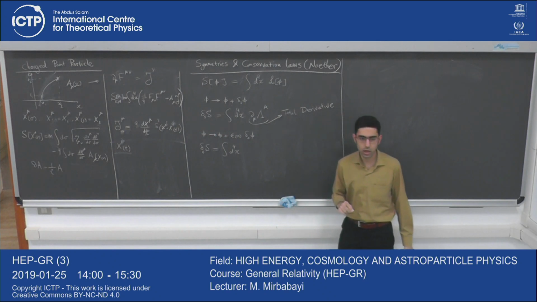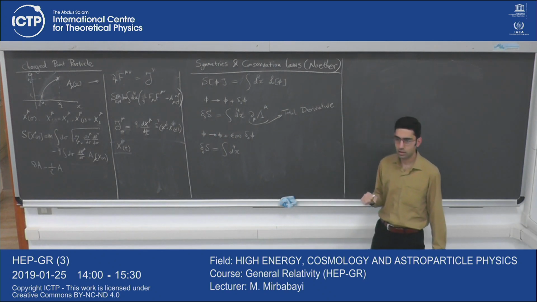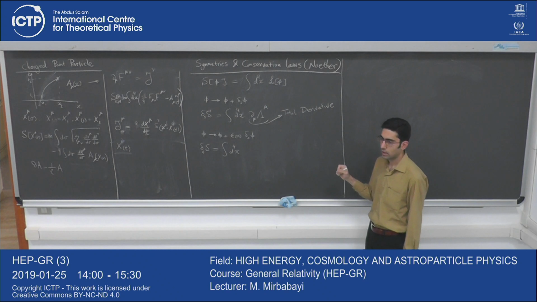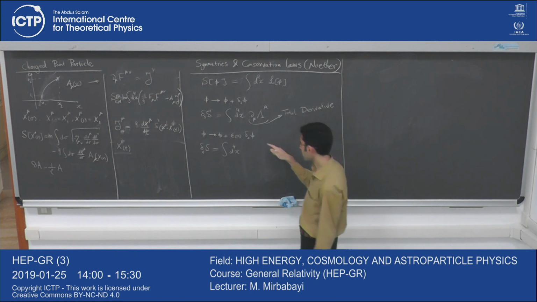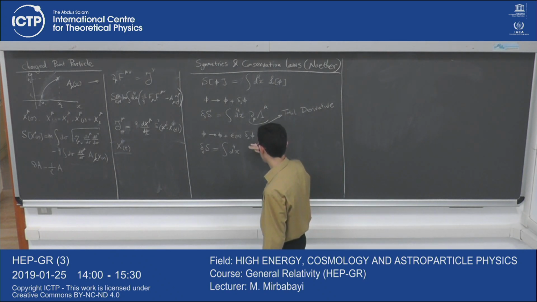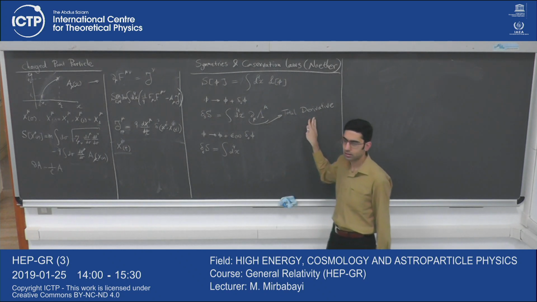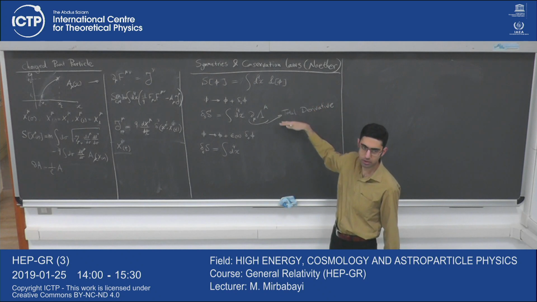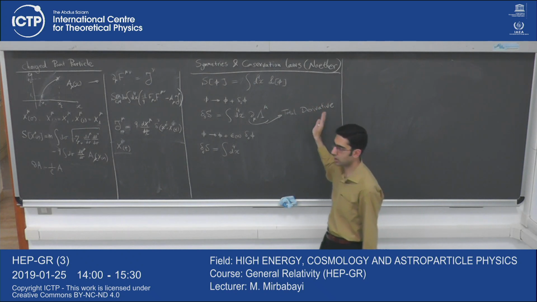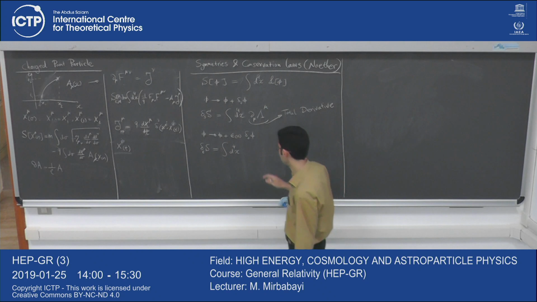If epsilon was a constant, if it didn't vary, then the result would be a total derivative, right? So that's just the previous one. If epsilon was a constant, we would get a total derivative.